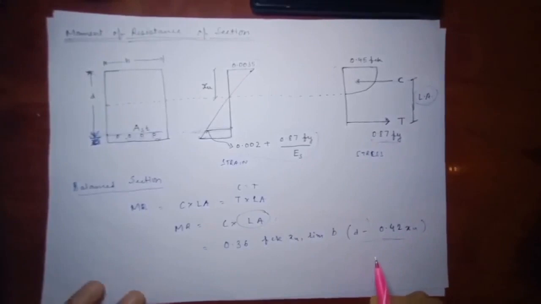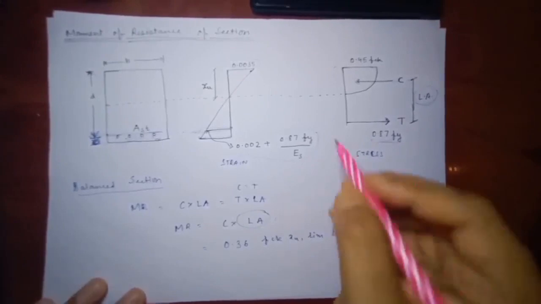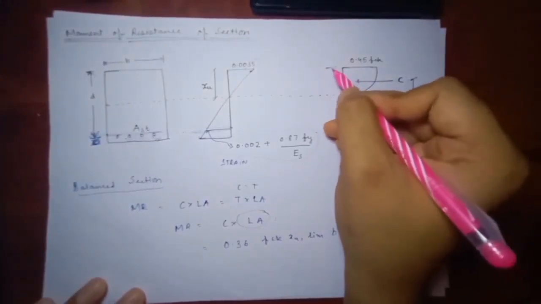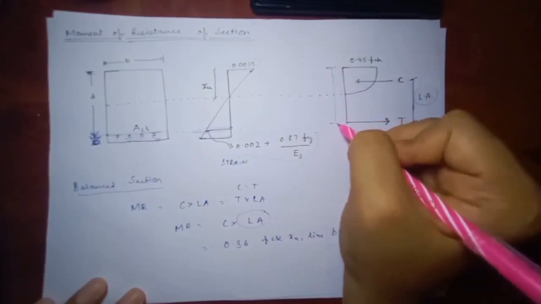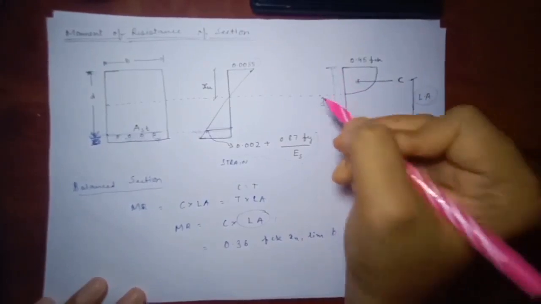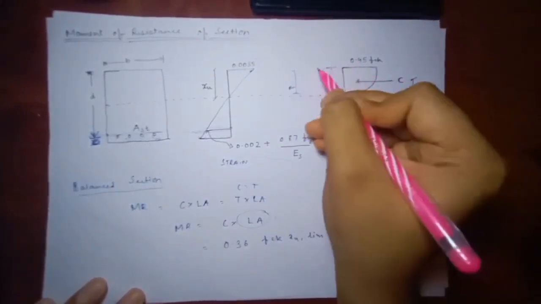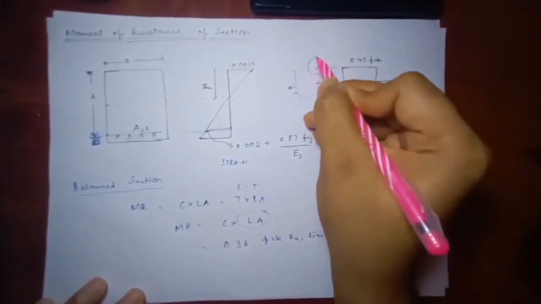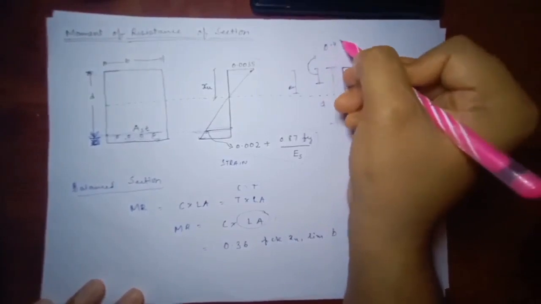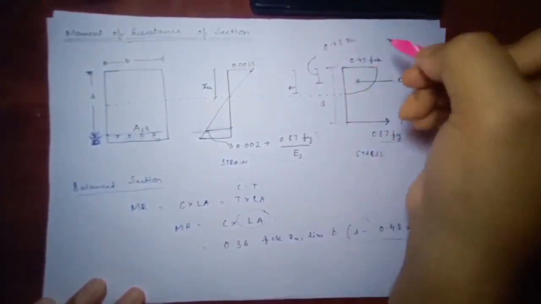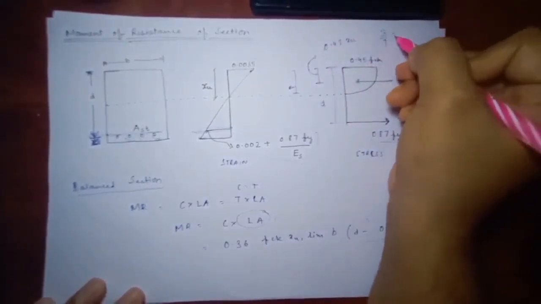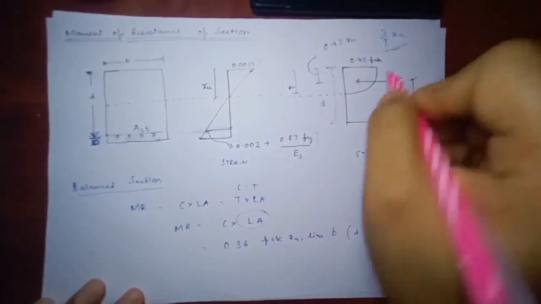How is this d minus 0.42 XU? Because this length is d, right? And this is my XU, and this one is 0.42 XU, that is 3/7 of XU. This thing is known to us.